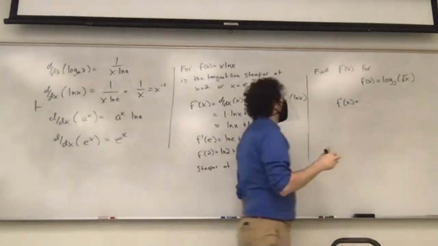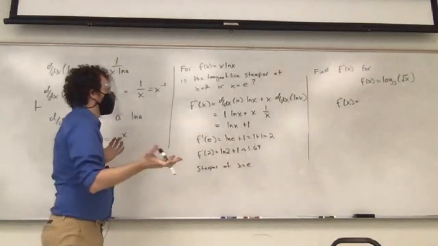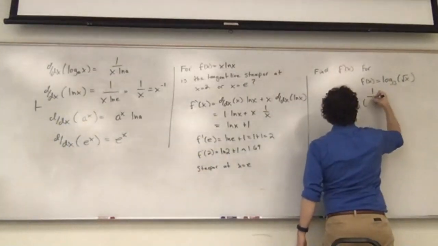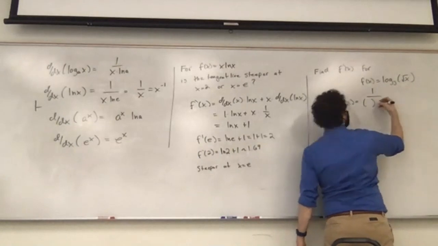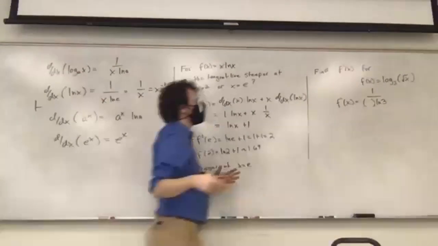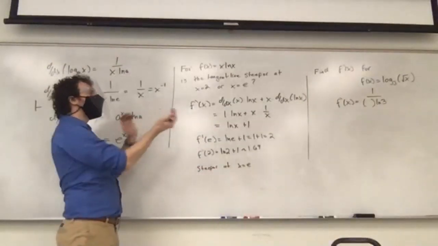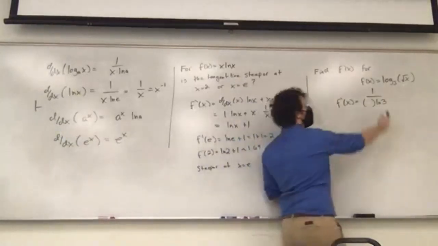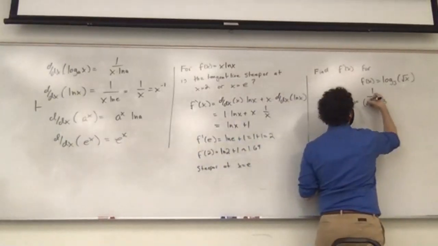So when we take this derivative, the derivative of the outer function is 1 over x times the natural log of 3, but we don't just put x there, we take the inside square root, and that is what is put in the bottom along with this extra factor.